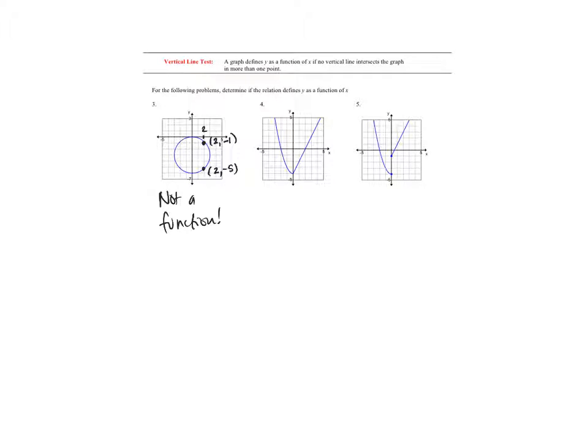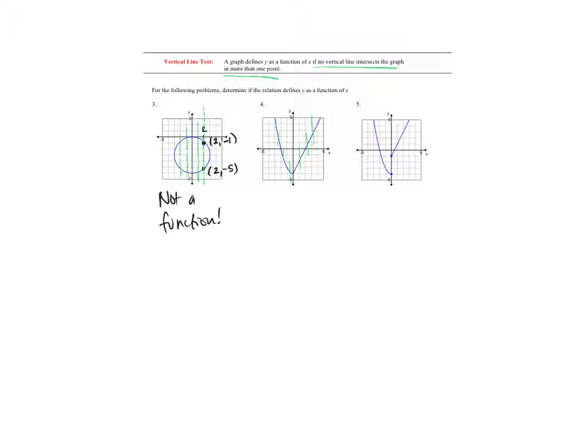And we can tell that also by just checking to see if I run a vertical line through this, if it hits more than once, it is not a function. Okay, so a graph is defined as a function if there's no vertical line that can intersect at more than one place. So here, if I tried to make a vertical line, there's no place that it would hit my graph more than once.